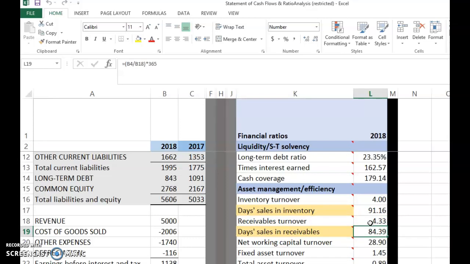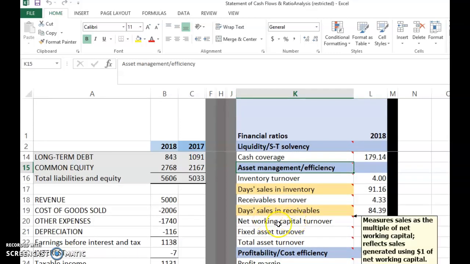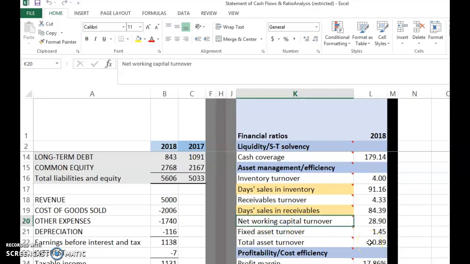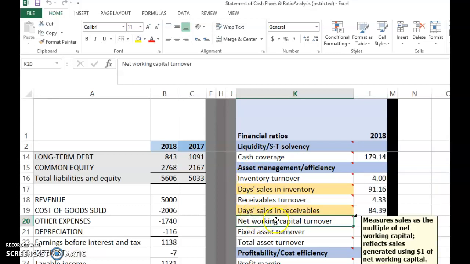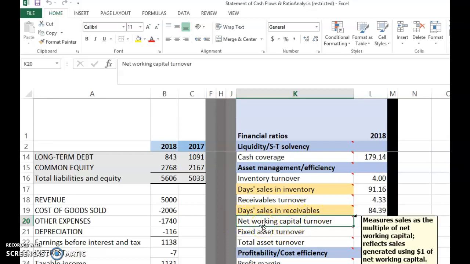All right, then we move on to the next asset management ratio variable. The fifth ratio here is net working capital turnover. Now the asset here is net working capital, but actually net working capital is not an asset. It is a combination of an asset and a liability: current assets minus current liabilities.